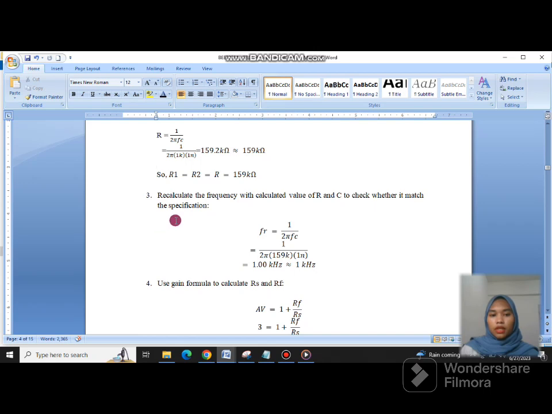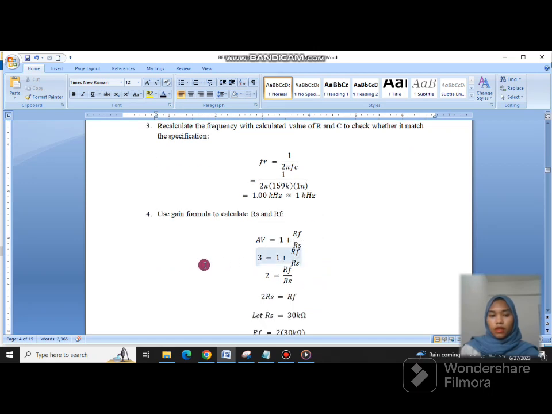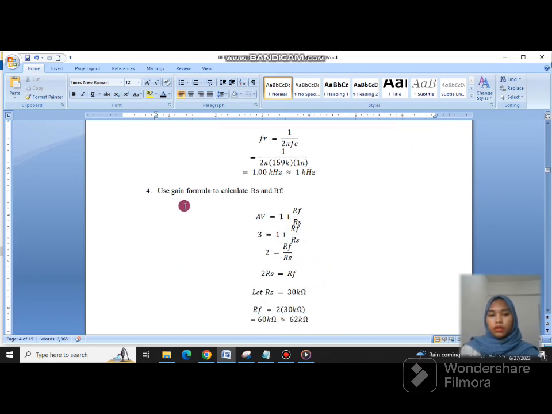Number 3, we calculate the frequency with the calculated value of R and C to check whether it meets the specification. So, resonance frequency equal to 1 per 2 pi RC and we get 1 kHz. Number 4, use the gain formula to calculate Rs and Rf. So, AV equal to 1 plus Rf per Rs.